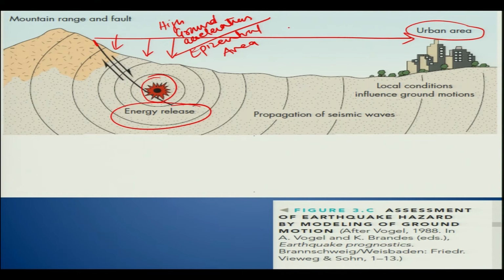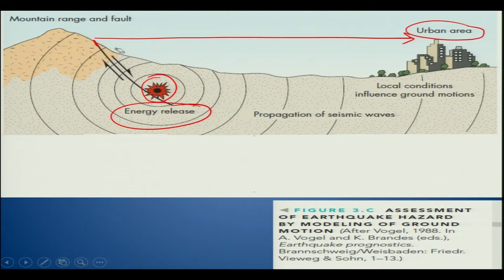So the part we will be interested in is how far this city or any urban settlement is located. So the distance will be a big question. Okay, how many kilometers?